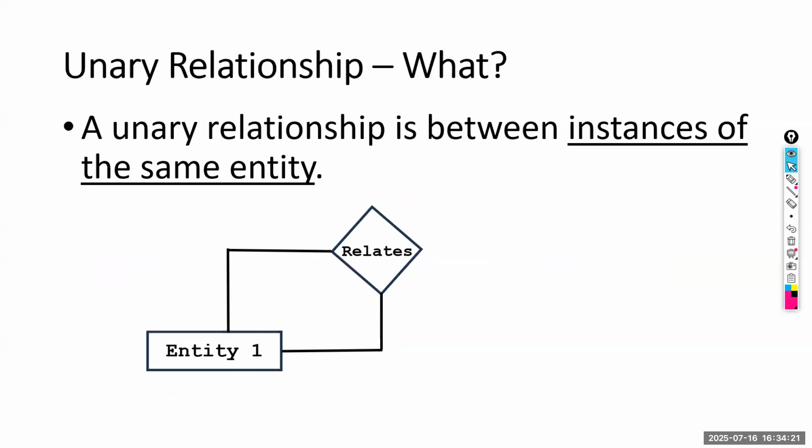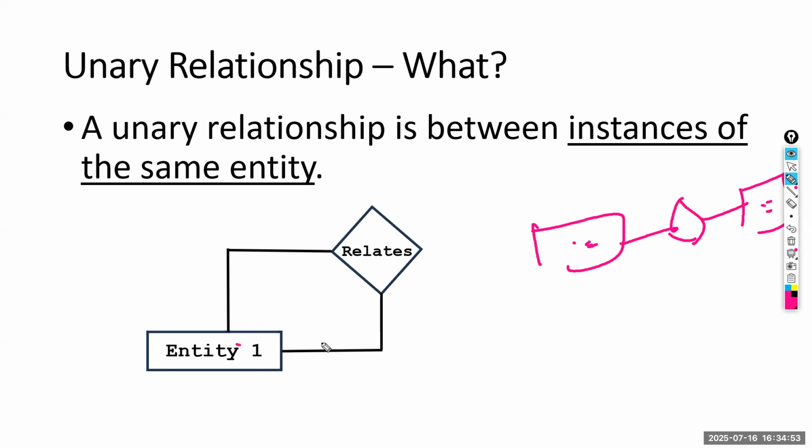So then you can have unary relationships. This is a tricky scenario. A unary relationship means there can be a relationship between two instances of the same entity. Usually it is two instances of two different entities: order and payment, student and course, mother and child.